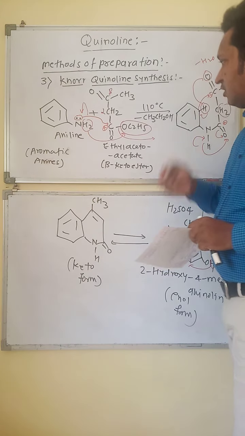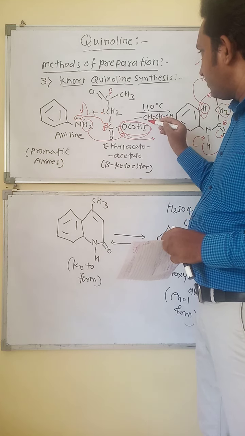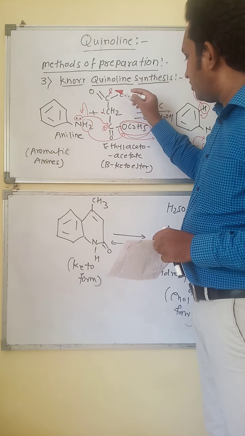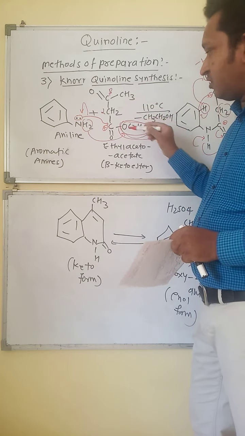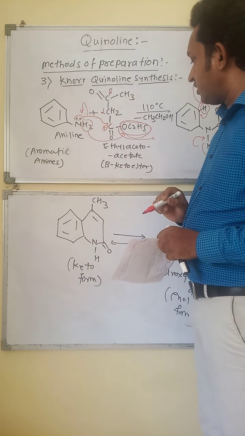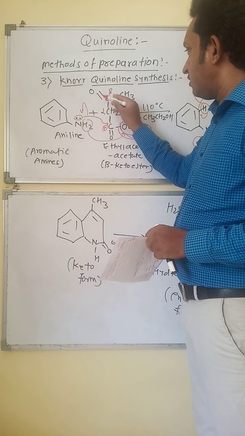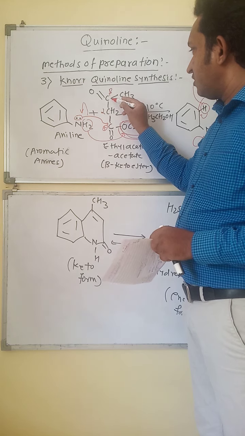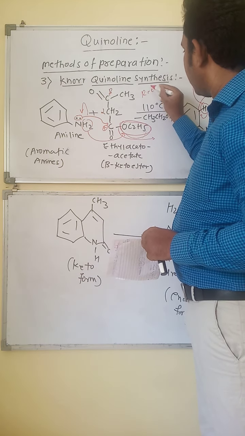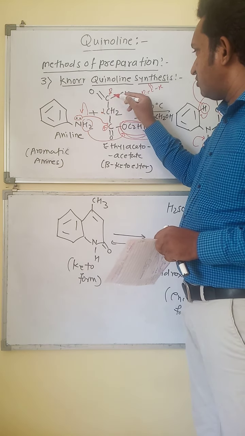So this is ethyl, and this is acetoacetate. This is ethyl acetoacetate. Why is it a beta ketoester? This is the alpha carbon, and this is the beta carbon. The beta carbon contains the ketonic group, that is carbon-oxygen double bond R. This structure is present on this beta carbon.